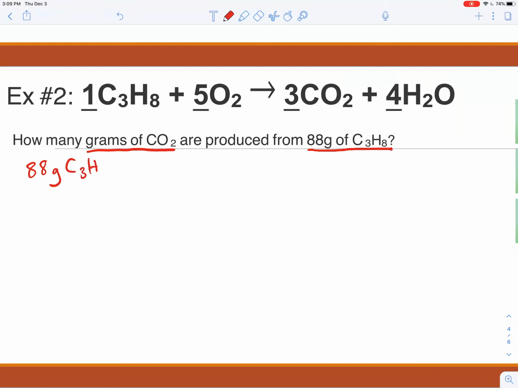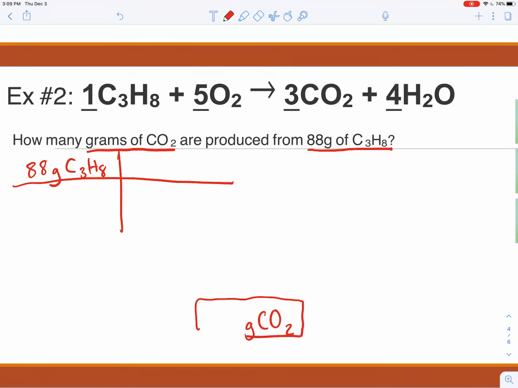So for example, I know that I'm given 88 grams of propane here. So that's going to be my first conversion. And I know my final answer, somewhere down here, I'm trying to get grams of CO2. Okay? Somewhere. This is going to be my final answer. So we're going to get to that.